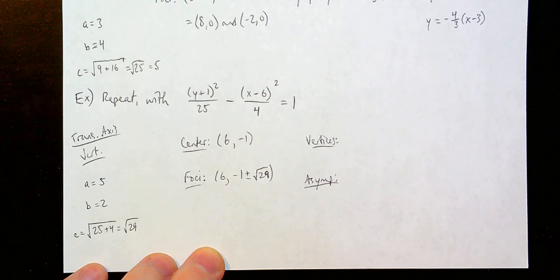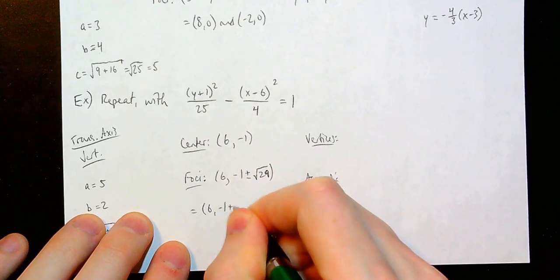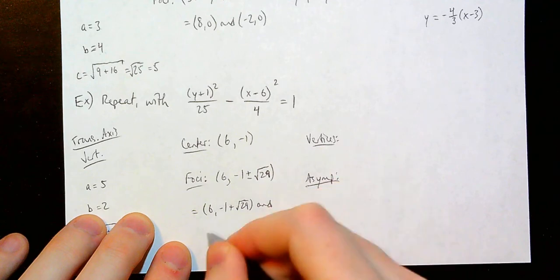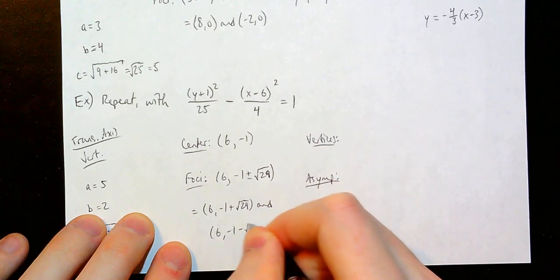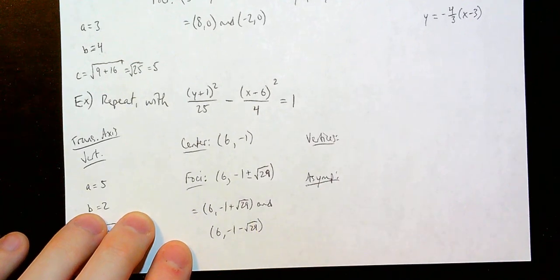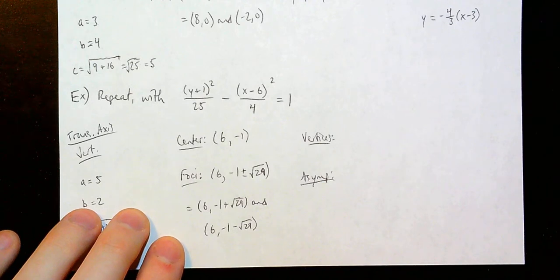That's just something you sort of have to figure out. But I'll write the two separate points here as well. Six comma negative 1 plus the square root of 29, and 6 comma negative 1 minus the square root of 29.